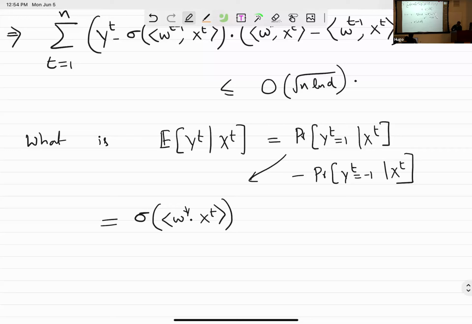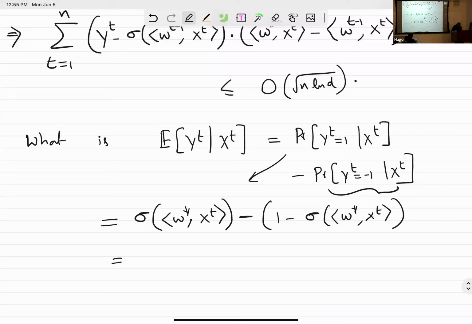And what is this guy? Minus 1 minus sigmoid of W star. Okay.